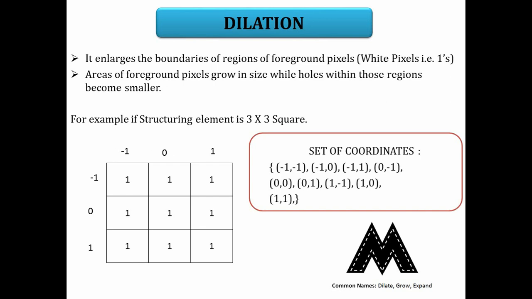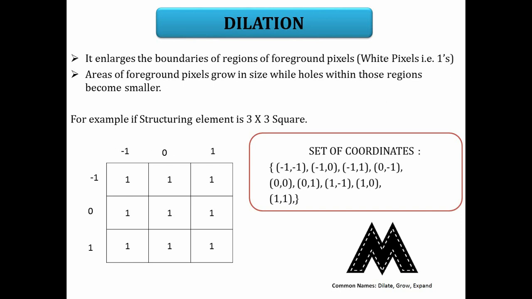If you consider a hole, that is nothing but the background represented by 0, then we can decrease the size of the 0, that is the background, by using a structuring element.